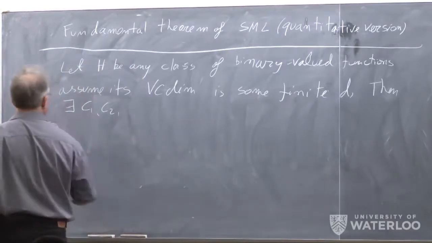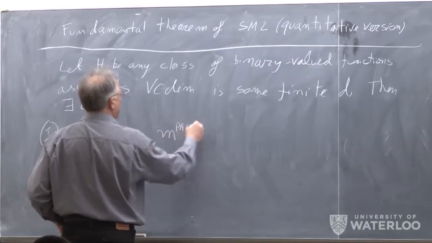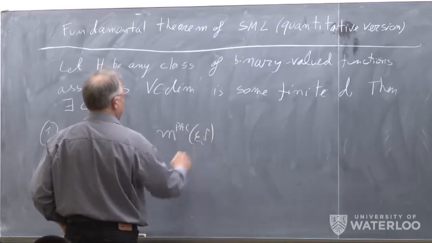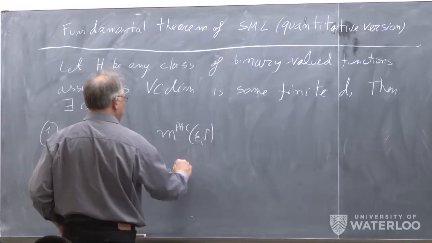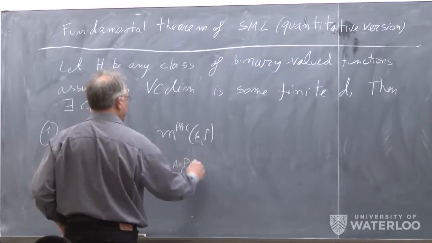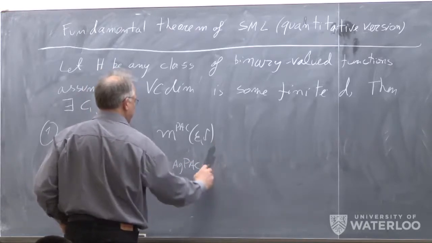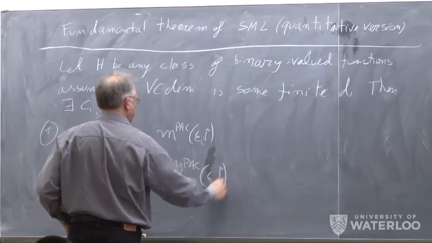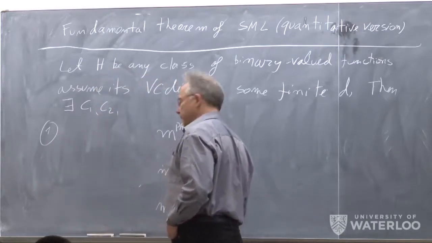One was about the PAC learning rate of epsilon delta. The second one about the agnostic PAC learning rates of epsilon. And the third one was about the uniform convergence rates.